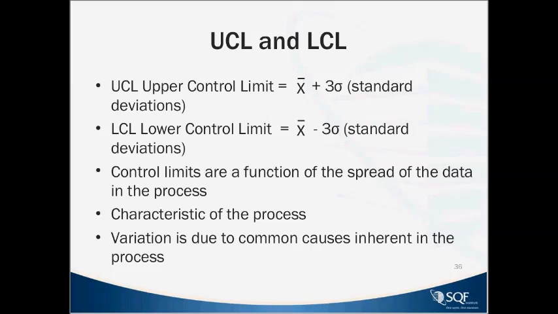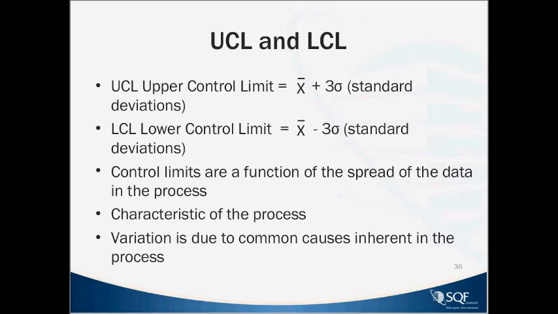So our upper and lower control limits that we would apply to this particular histogram: if we took our midpoint and added 3 times whatever our sigma value was, we'd get our upper control limit. If we took the mean and subtracted 3 times that standard deviation, we'd get our lower control limit. Once we establish those, that represents what we call the spread of the data in the process.